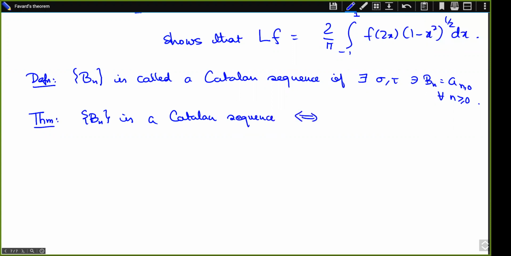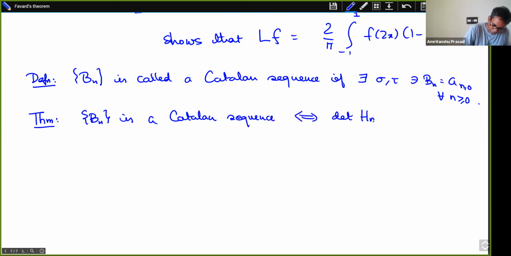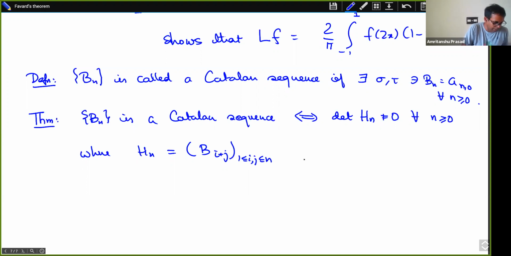Bn is a Catalan sequence if and only if the determinant of Hn is not equal to 0 for all n greater than or equal to 0, where by Hn I mean the finite n by n Hankel matrix.